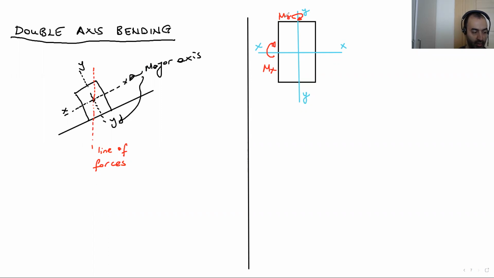Okay, we have two different axes. So how can we calculate the stress for this case?